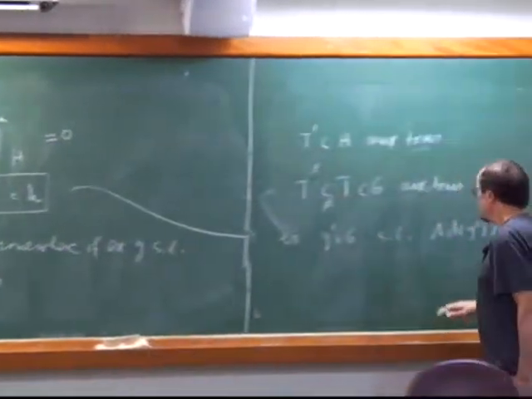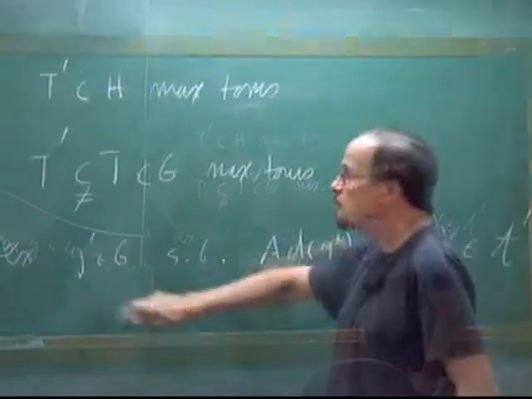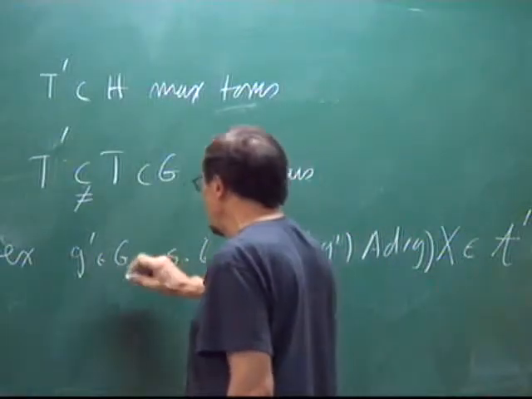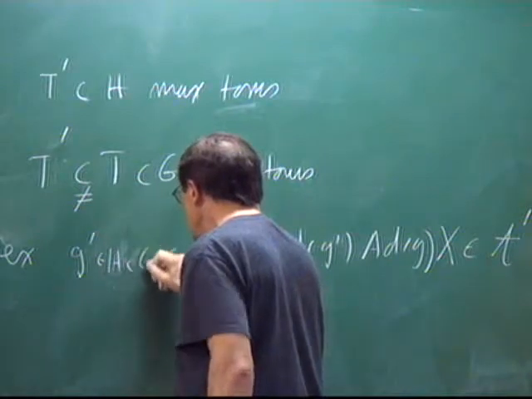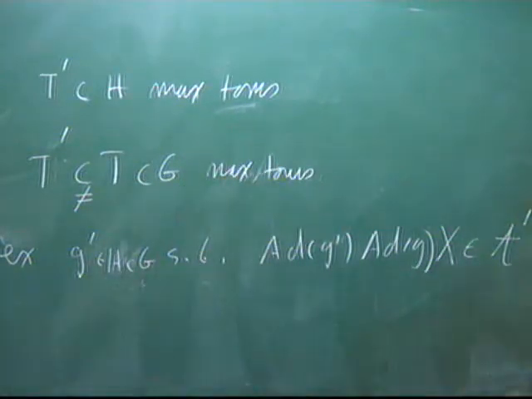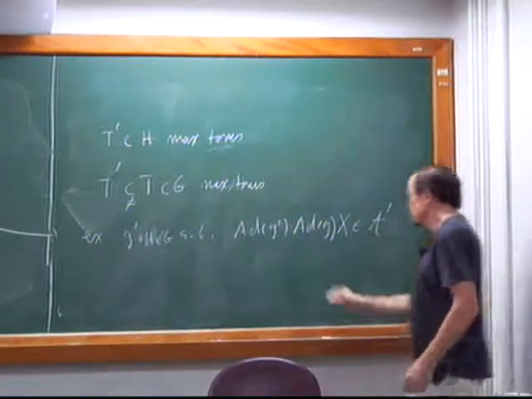So I can take my vector here, choose a g prime in H, but it doesn't matter. It sits inside G, and conjugate it into T prime.